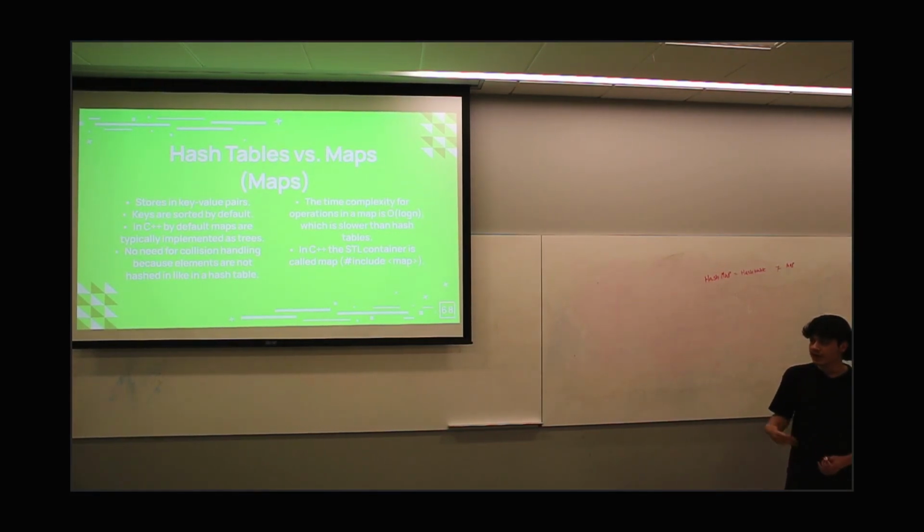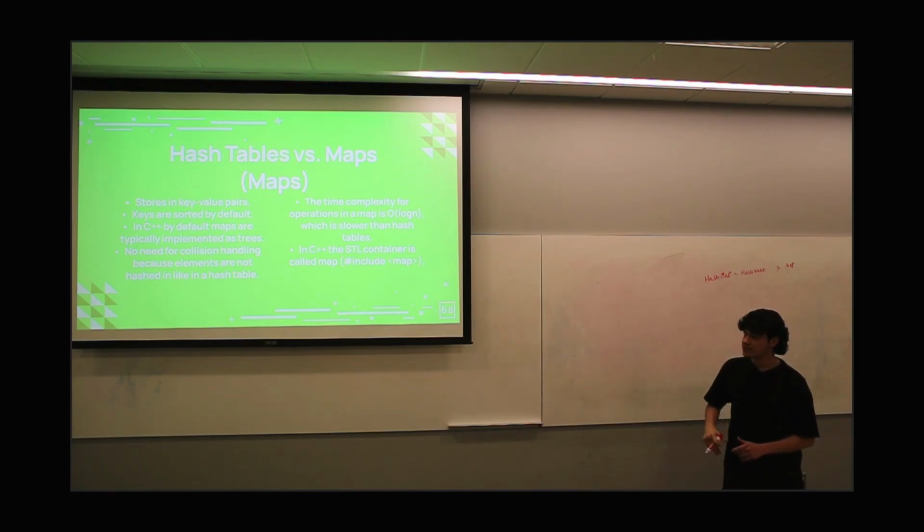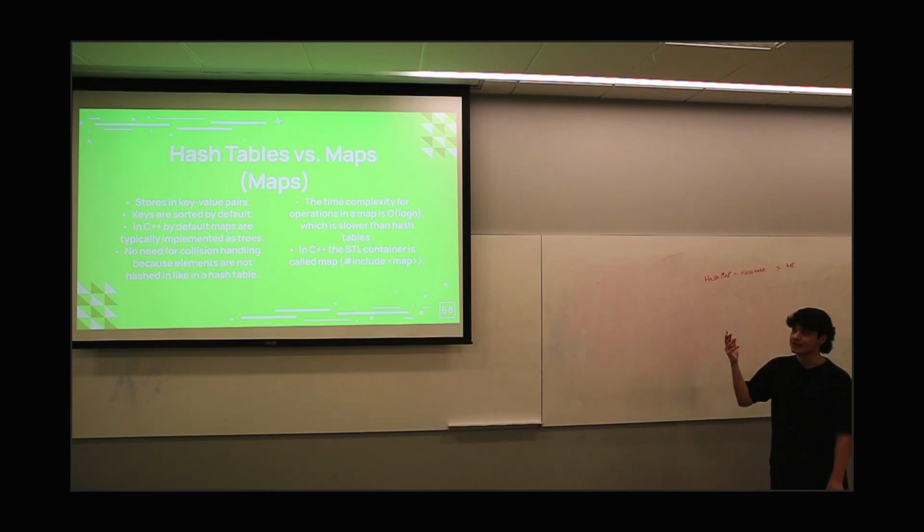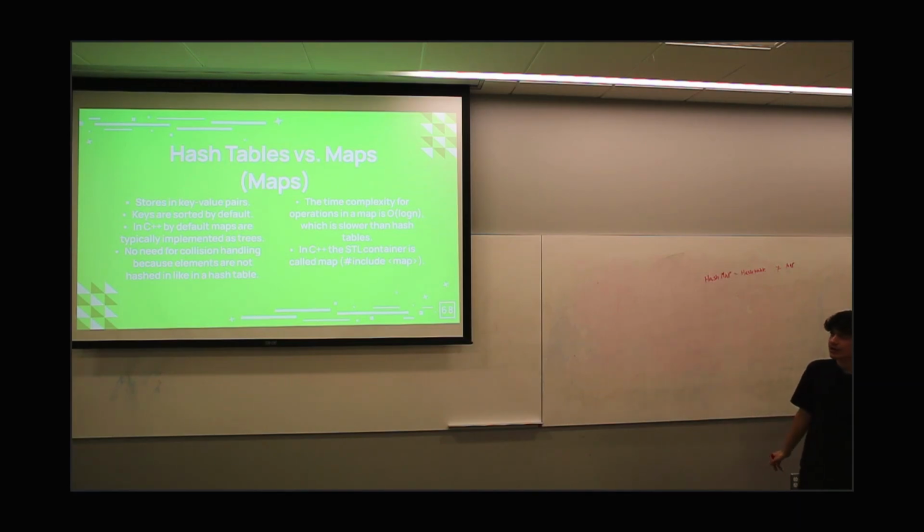And now we have maps, which is what we went over before that. They still store key value pairs. All the keys are sorted by default. They're usually implemented as trees, so the time complexity to search through that tree is going to be slower than an array, because whenever you have a hash table, you get the index and then you quickly access the value, right?